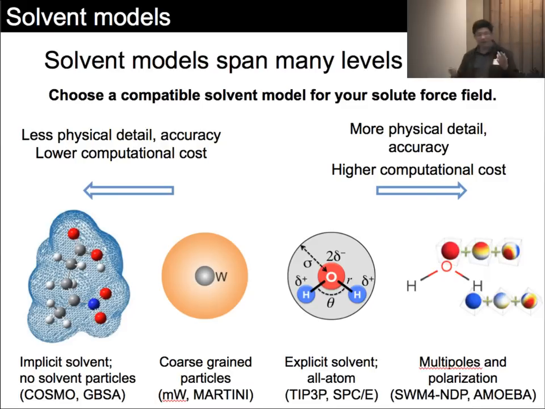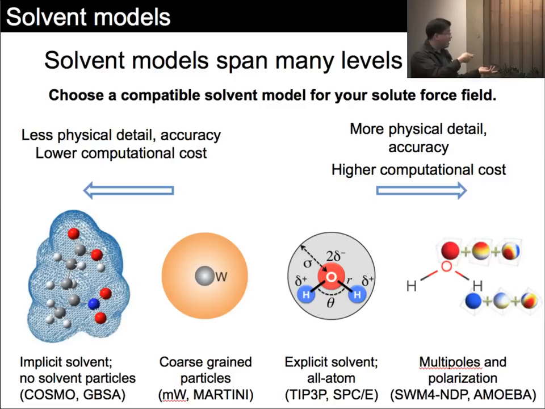And the final note that I want to say about force fields is to show the many levels of detail of the models that are available to you. In many cases, you can actually use different levels of detail for your solvent and your solute. And because the most common solvent is water, there are many different ways you can model water.